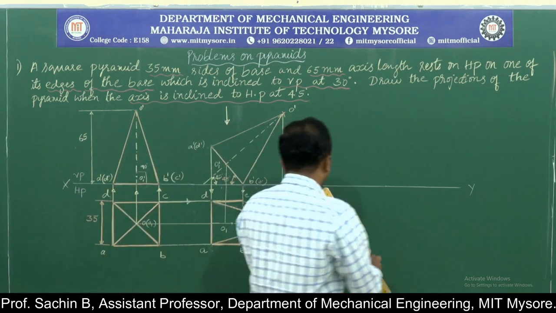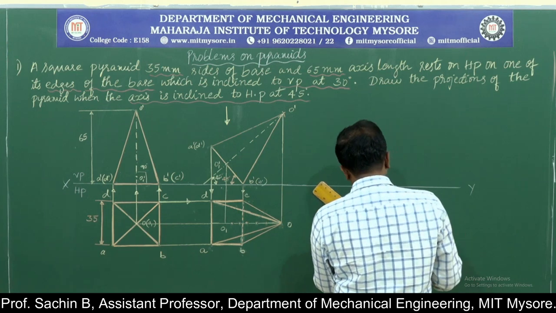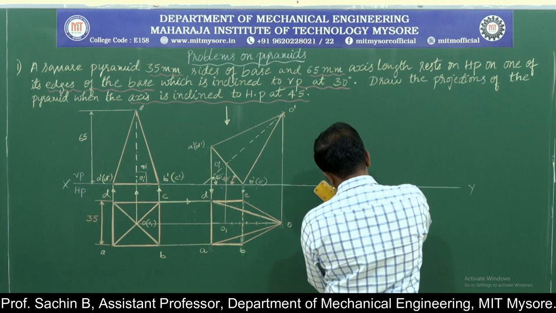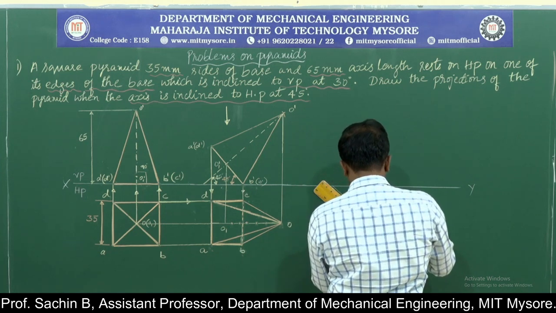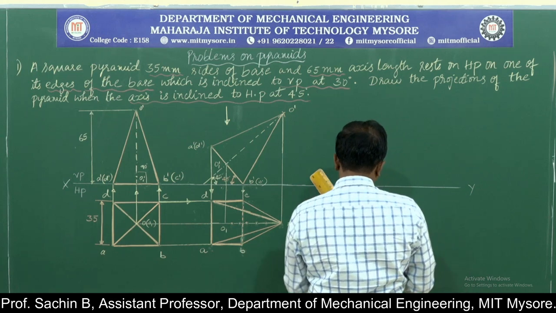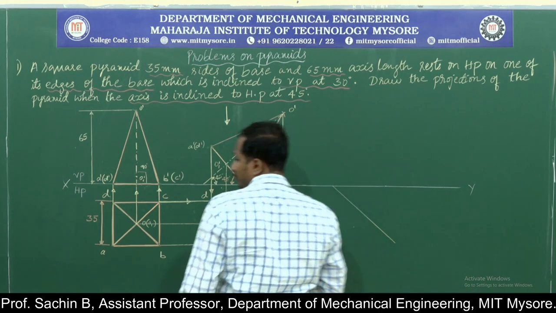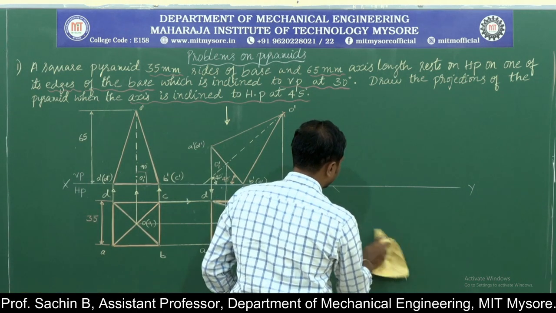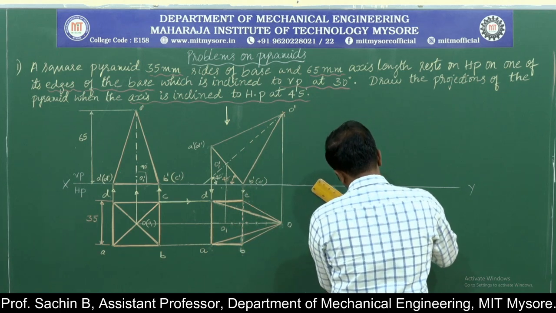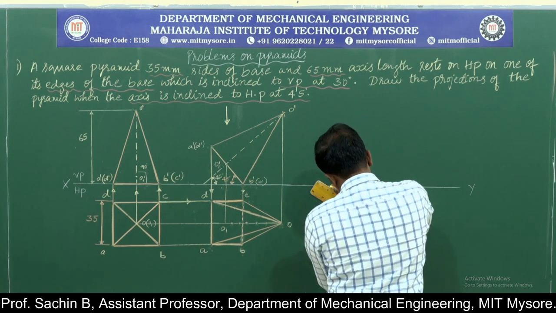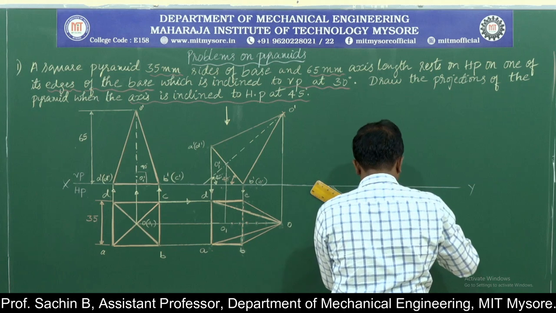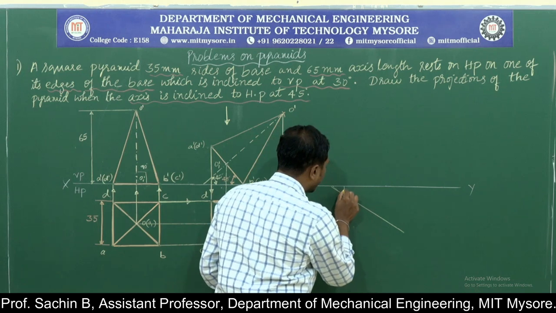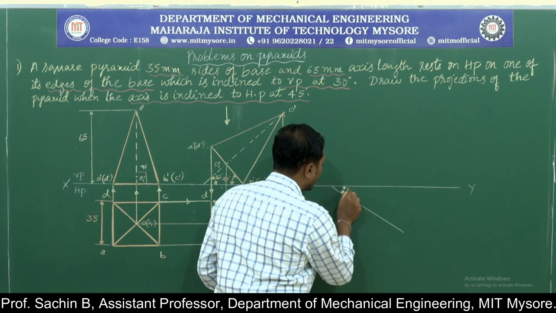Now I'll go for drawing a line which is inclined at an angle of 30 degree. Now here I have drawn a line inclined at an angle of 30 degree with respect to the vertical plane.